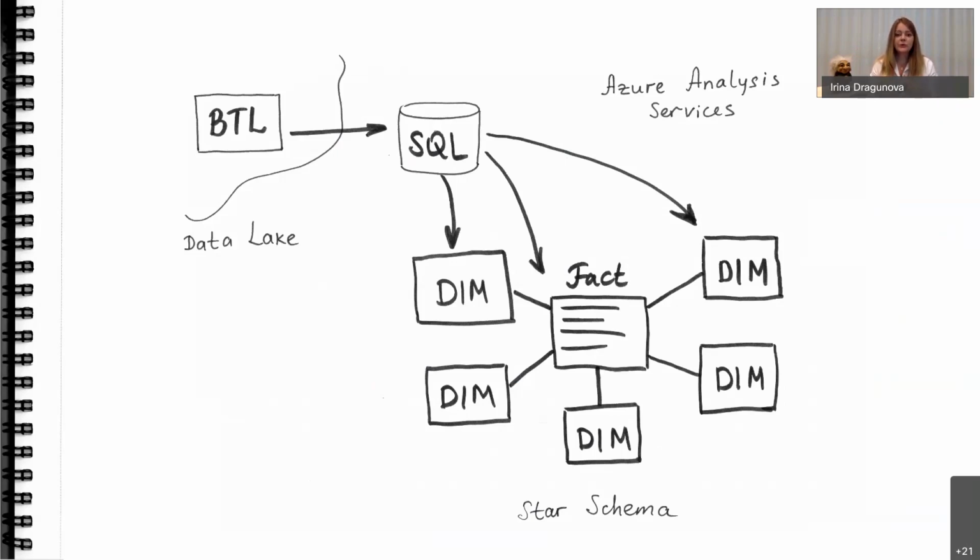And of course, we should provide only the data we need in our reports. No data for future use, no old data that are not used anymore in our reports. On top of our star schema, we have built our data cube. It's a multi-dimensional table which consists of pre-calculated values instead of calculating them on the fly, and it also boosts the performance.